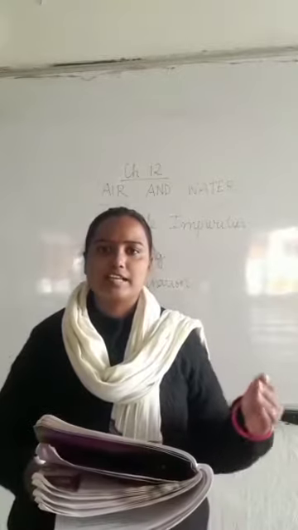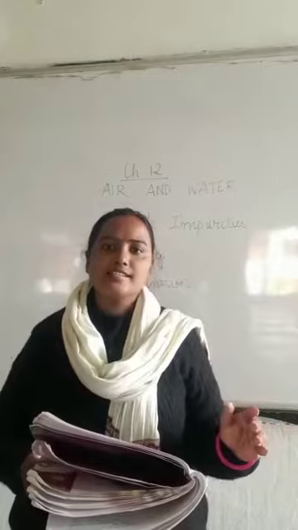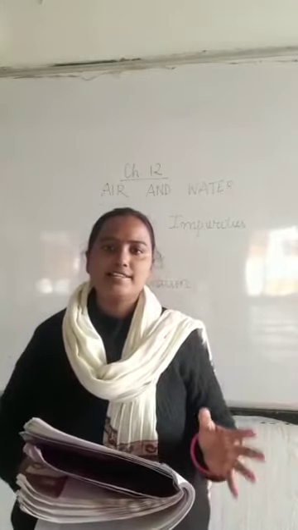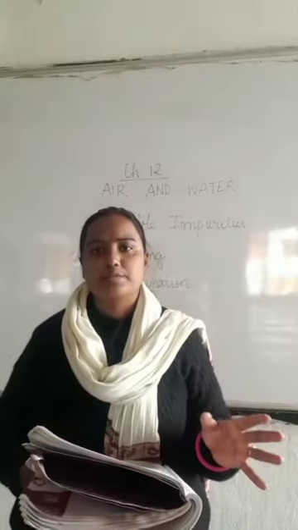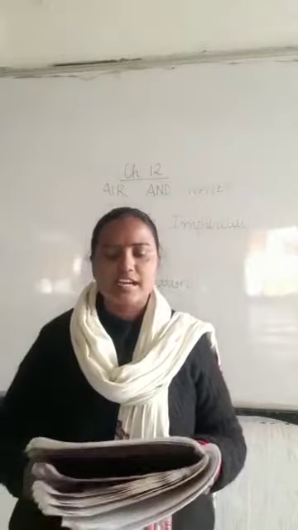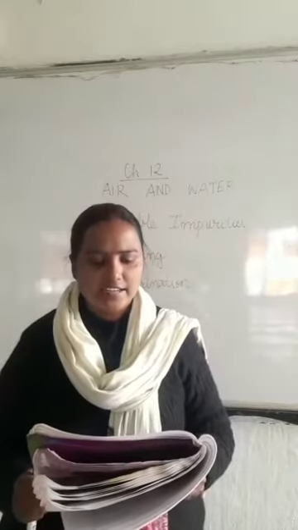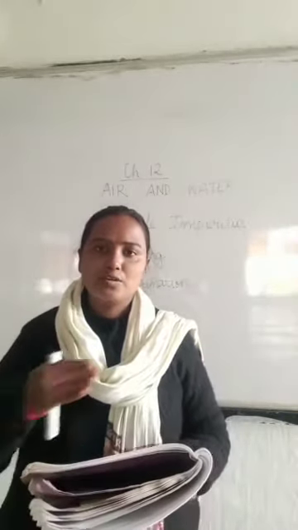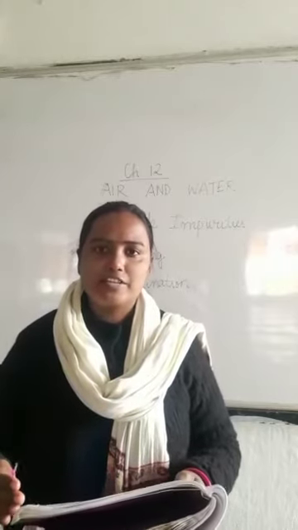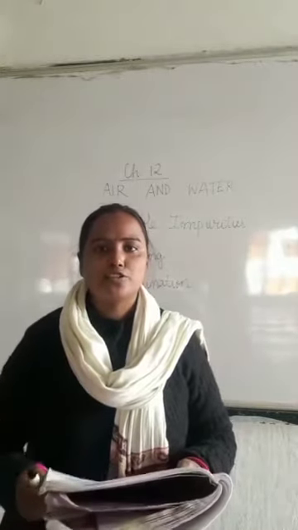So the water at first is taken from the lakes and rivers, and then it goes to big water treatment plants, and in those plants sedimentation is done, filtration is done, and also chlorination is done, where the chlorine tablets are added. And then after going through all this process of sedimentation, filtration and chlorination, this water is supplied to our homes.